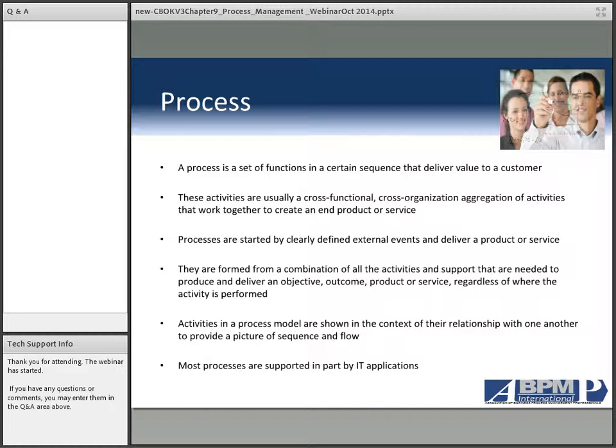Because as we move forward and we start to talk about this, one of the key aspects of process management gets into performance management. And understanding how the process performs really is predicated on understanding the process itself, its components, and how it works.